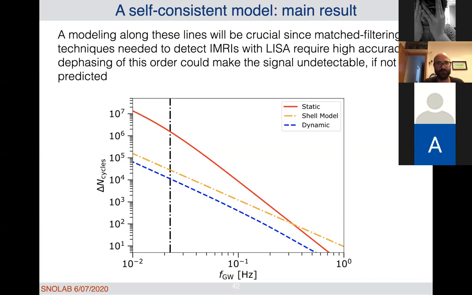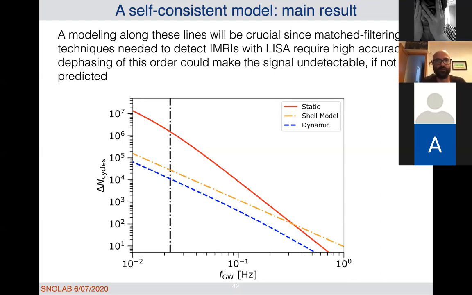And this is why we call it a dephasing of the waveform. And this is very relevant because there is an interesting circular argument here: in order to detect this signal, you have to model it properly. Given the matched filtering techniques that will be used in the LISA collaboration to detect this signal, you need a template bank, a database of all possible waveforms that you expect to detect.